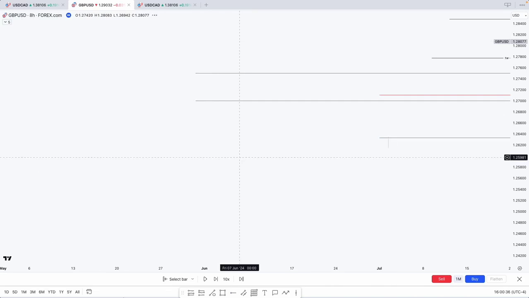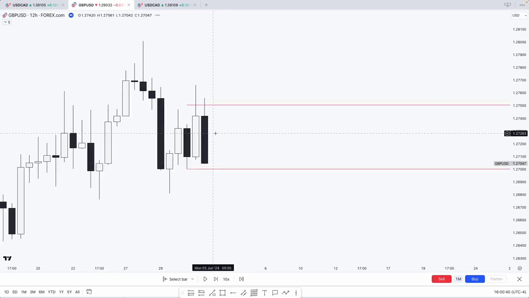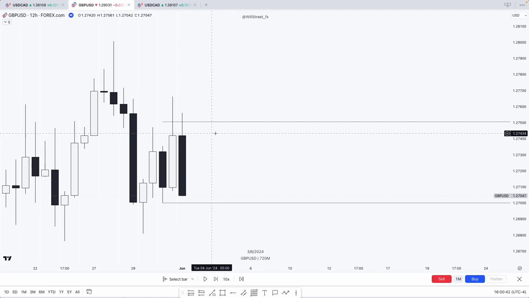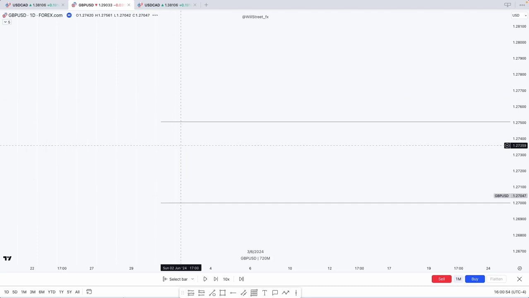So nothing here. So the context is we already completed this 12-hour candle. Look at this, how perfect. So from here, reversal. But look at 1 day.